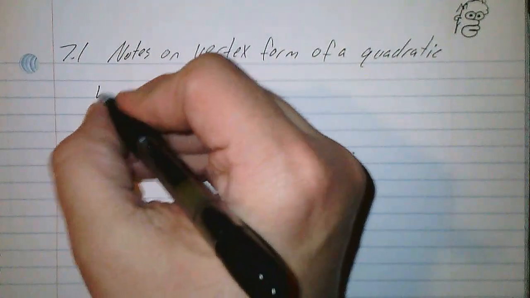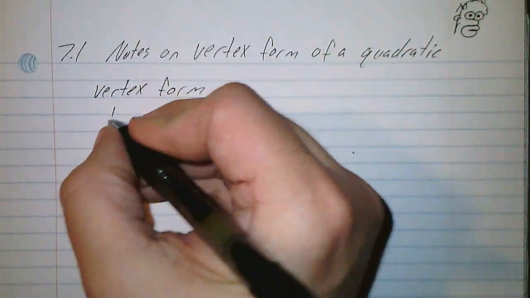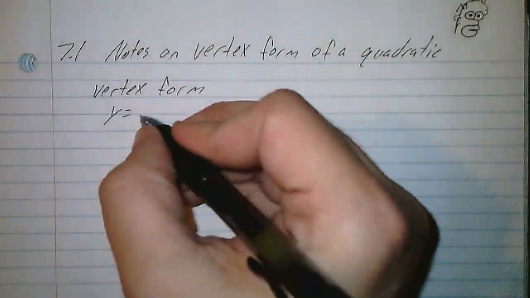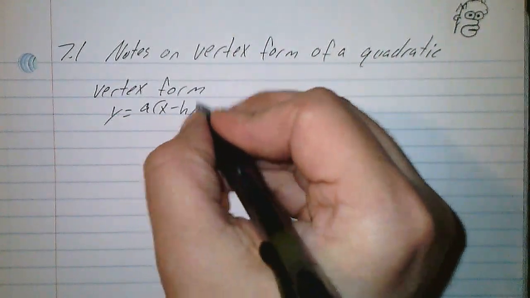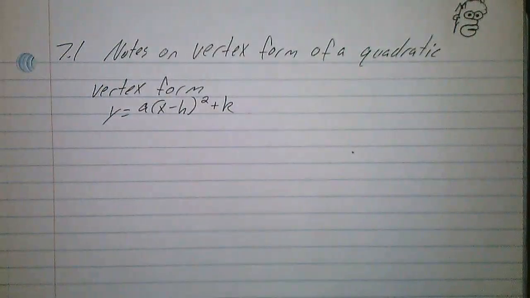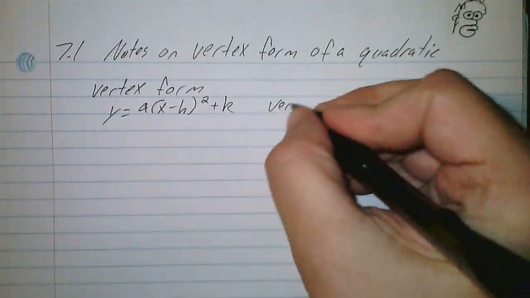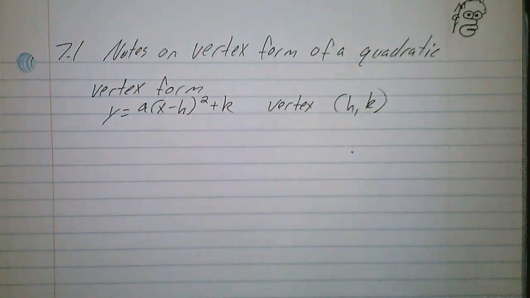I know your notes might say differently, but vertex form is y equals a times (x minus h) squared plus k, where the vertex is at (h, k).